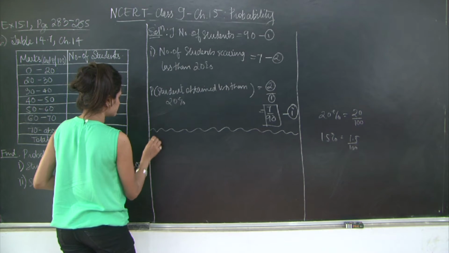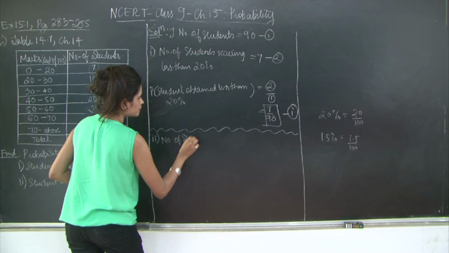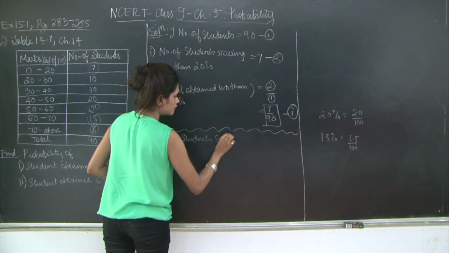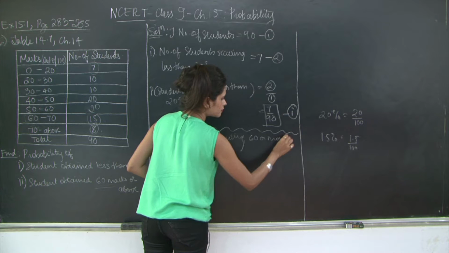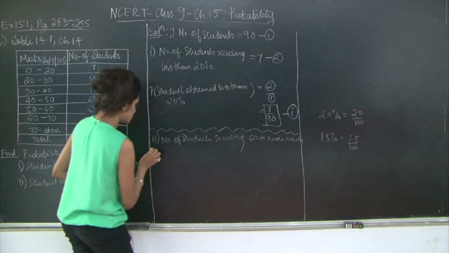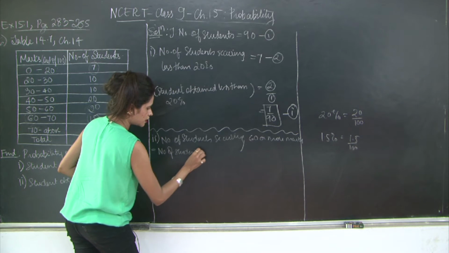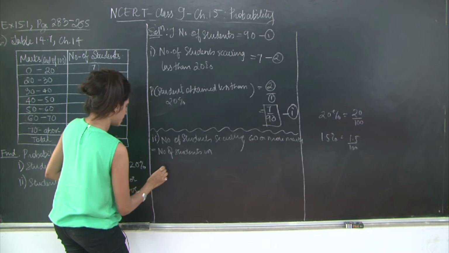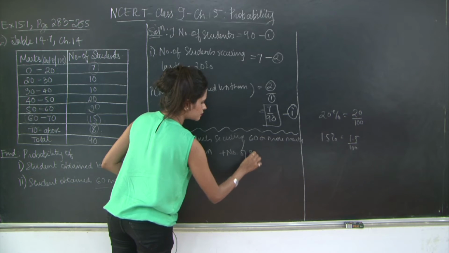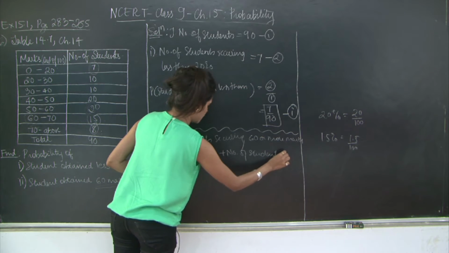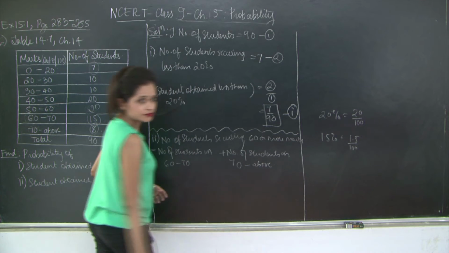So let's write this down. Number of students securing 60 or more marks is equal to number of students in class interval 60 to 70 plus number of students in class interval 70 and above, right?